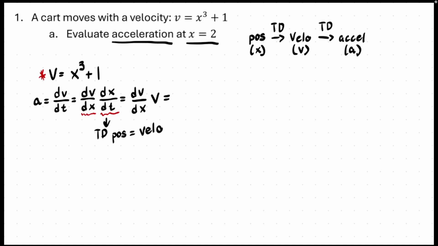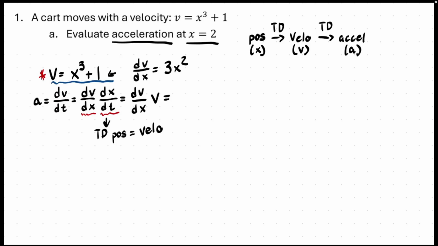We know that this is our velocity. And if we want to get dv dx, we're just going to take the first x derivative of this function. When we refer back to our power rule, we're going to see that the first x derivative here is just going to be 3x squared.